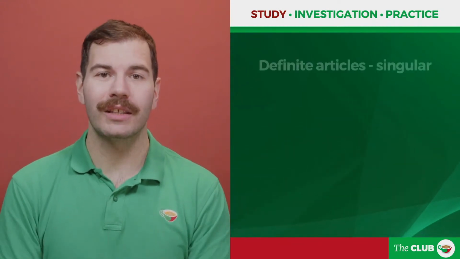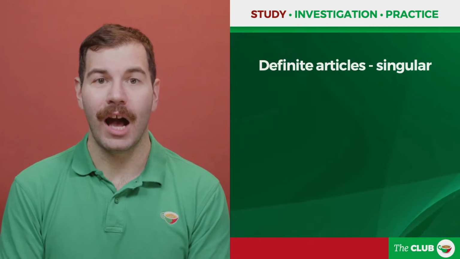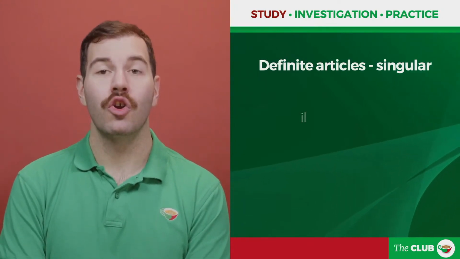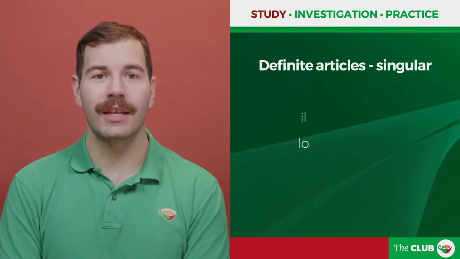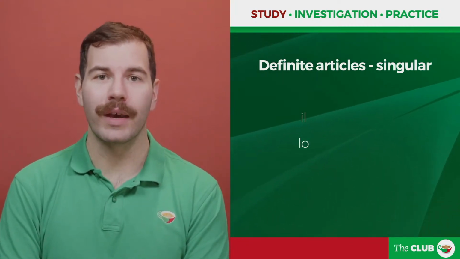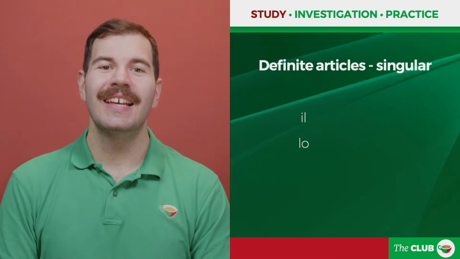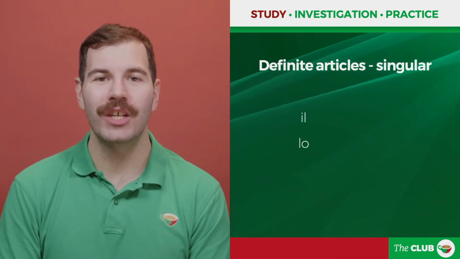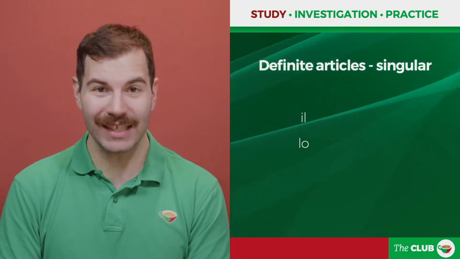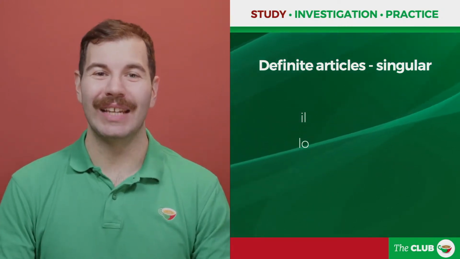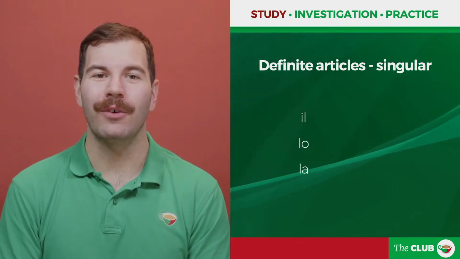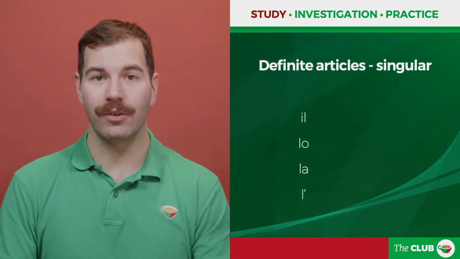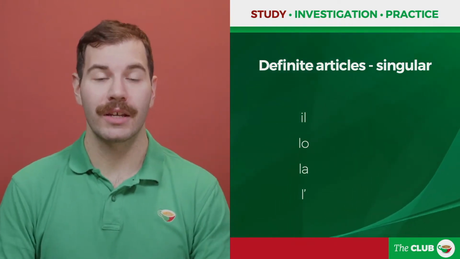So the singular definite articles in Italian are il for masculine singular nouns, lo for masculine singular nouns starting with S consonant, I plus vowel, Z, X, Y, GN, PN, and PS. And also we have la for feminine singular nouns, and lastly, L apostrophe for singular nouns starting with a vowel.